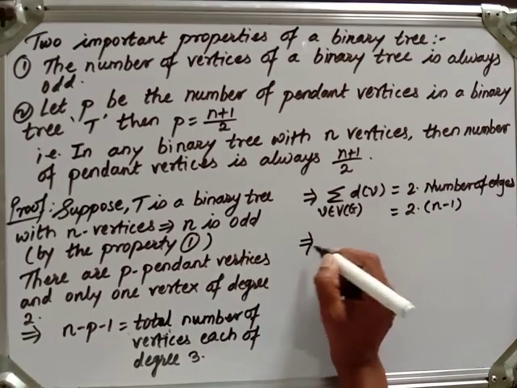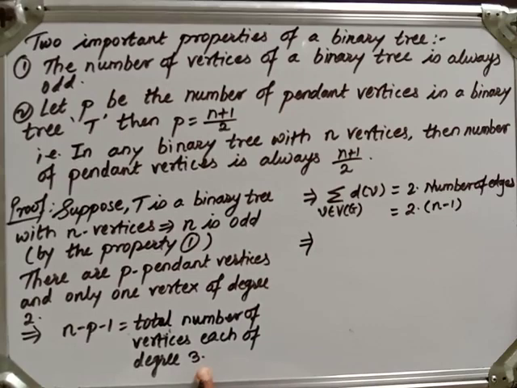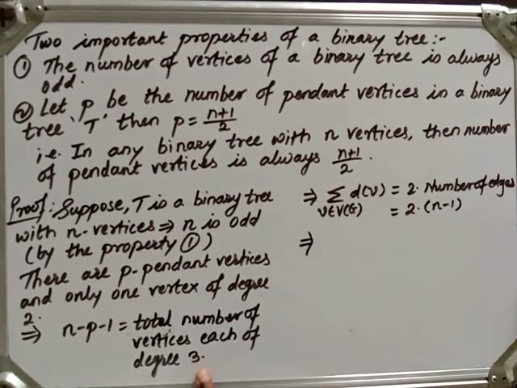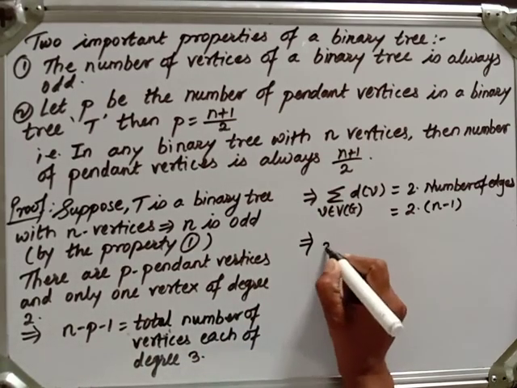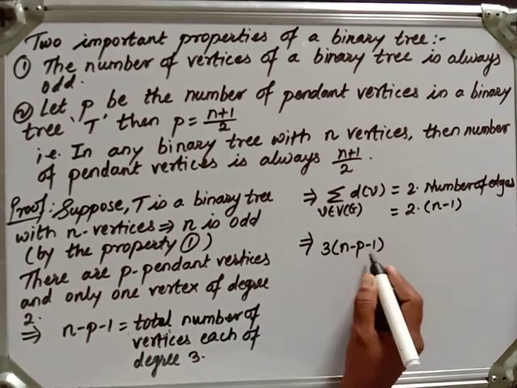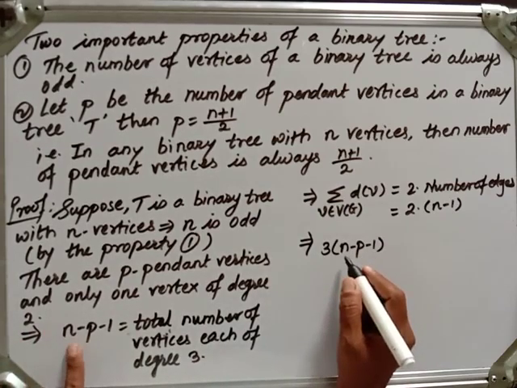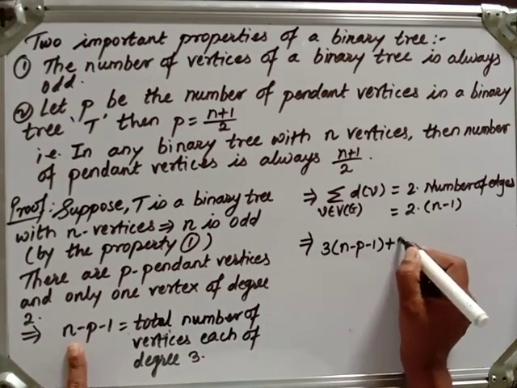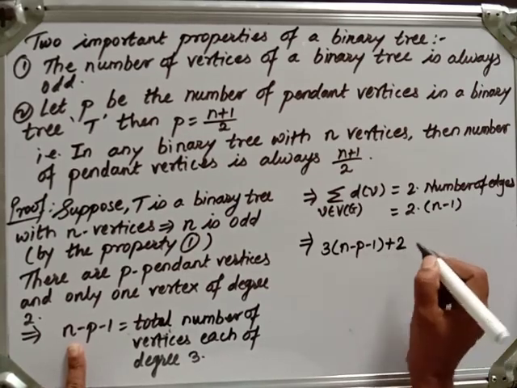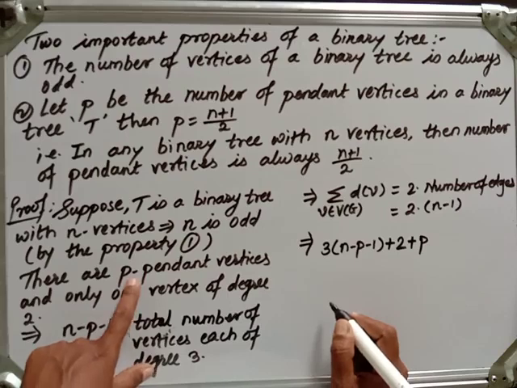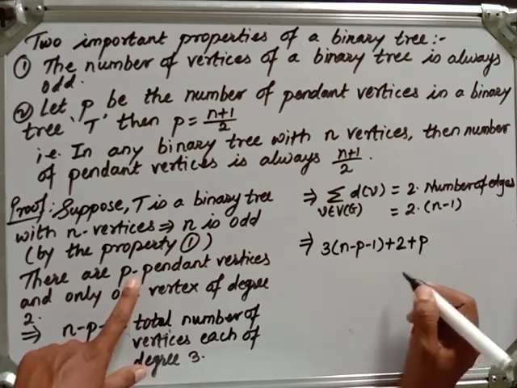Now what do we have? The total number of vertices of degree 3 is n minus p minus 1, so the sum of degrees is 3 into n minus p minus 1, plus 1 vertex of degree 2, so that is 2, and p vertices having degree 1, so that is 1 into p, which is p.